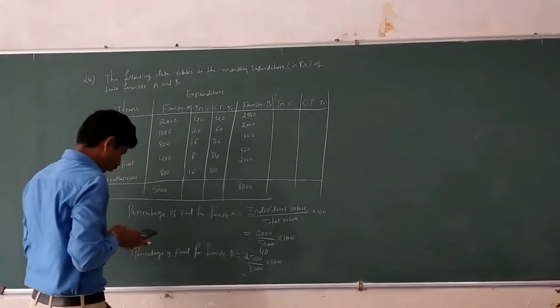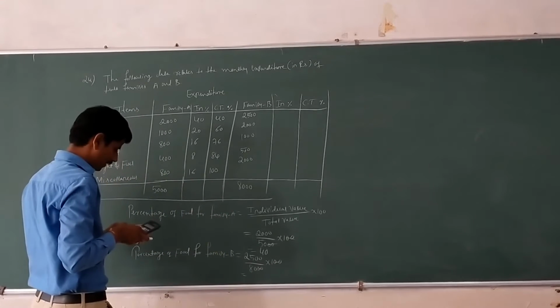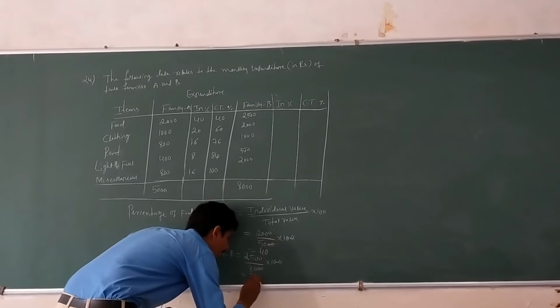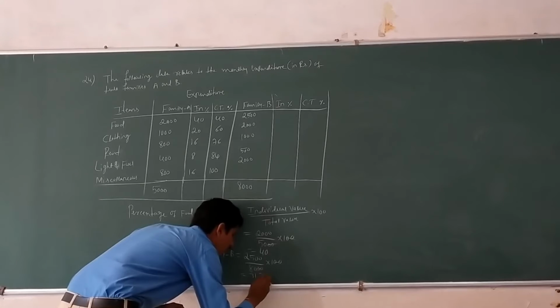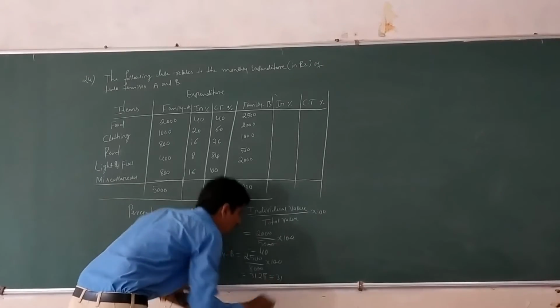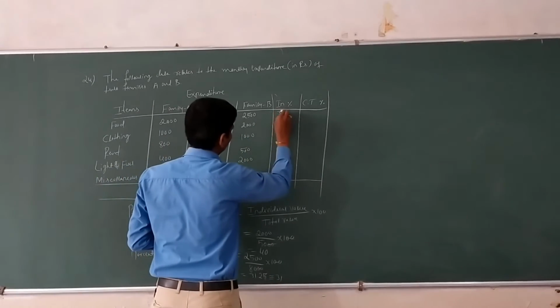Here 2500 divided by 80 gives us 31.25. It is around 31, so here you have to take 31.